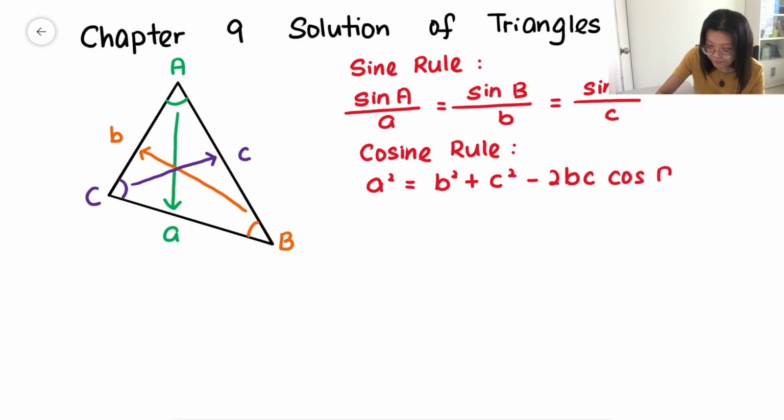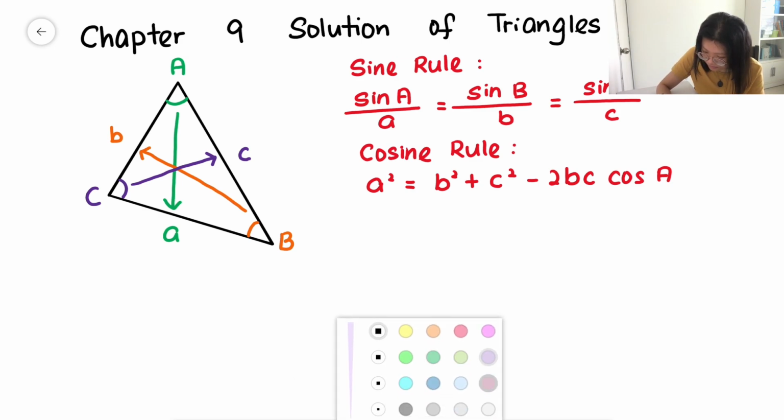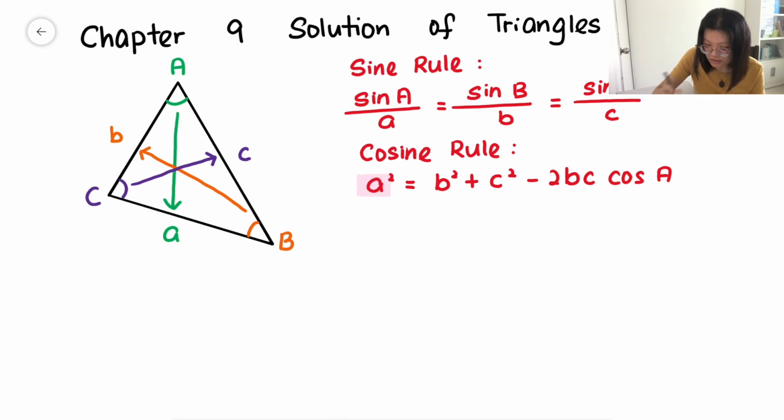The thing that you have to pay attention to is, the length of the side that we want to find must be the same as the angle. Okay, a and A, b and B, c and C. And for this, bc cos A, look at my hand. bc cos A, my angle A. So you don't have to force yourself to memorize.